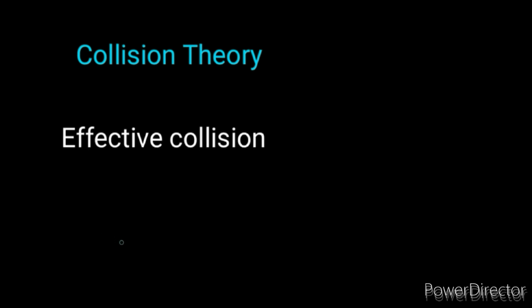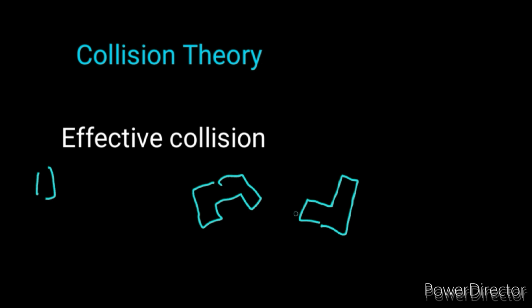So what is an effective collision? There are two things that are required for a collision to be effective. Number one, they must be correctly orientated, so we're talking about correctly arranged. For instance, let's say we've got this puzzle and we've got this puzzle. Notice that when they collide, they must fit.